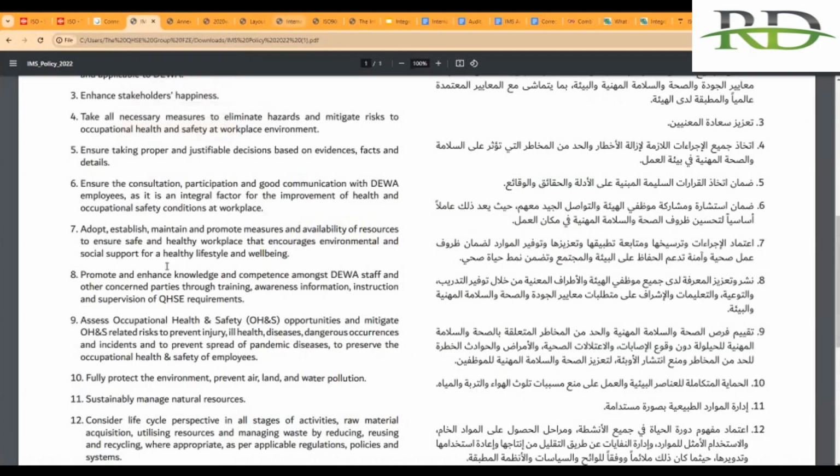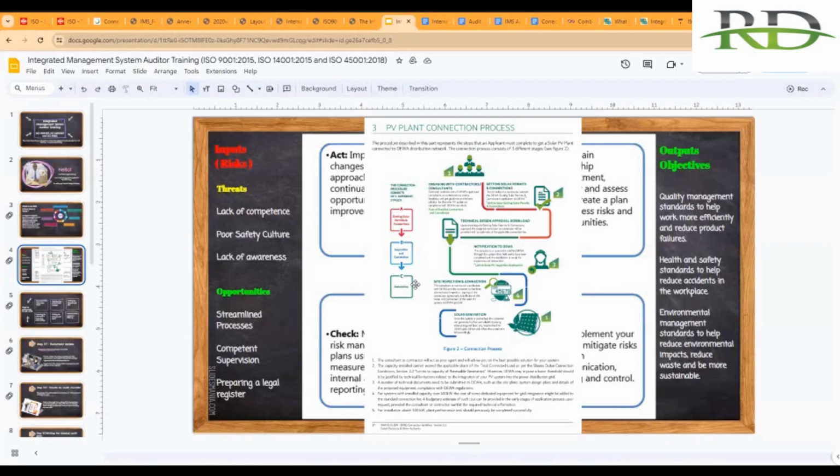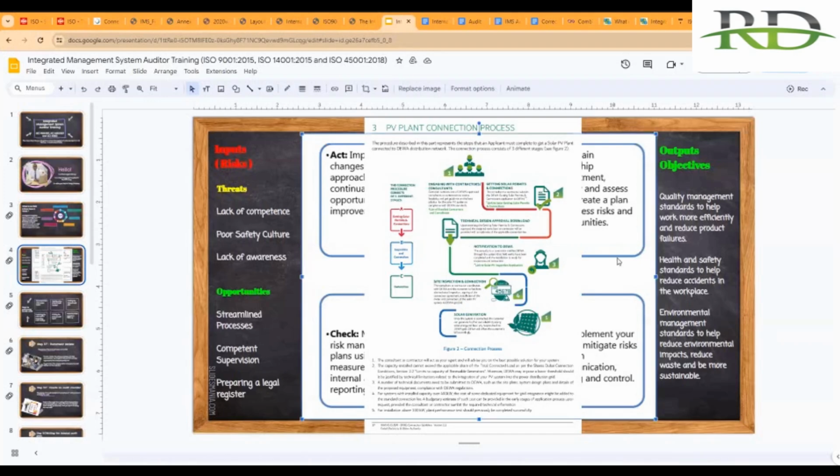So I say you need to gather evidence of conformity, consistency, and then continual improvement. So coming back to this diagram, okay, what exactly does it look like, the evidence of conformance? Evidence of conformance, ladies and gentlemen, is basically here on the Annex SL.